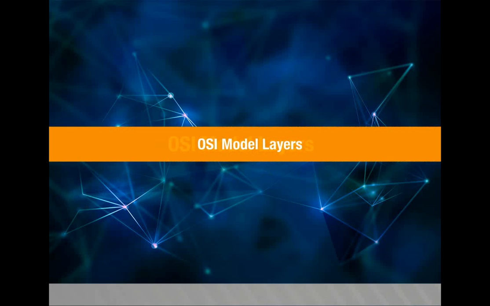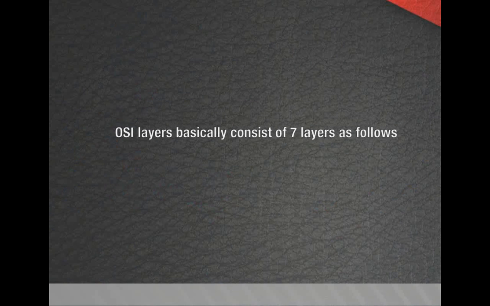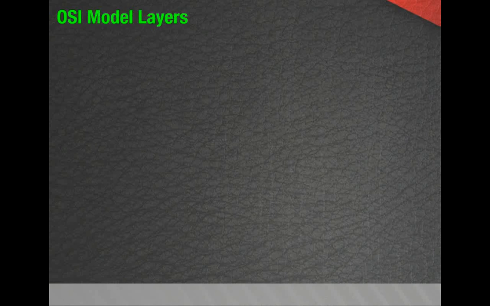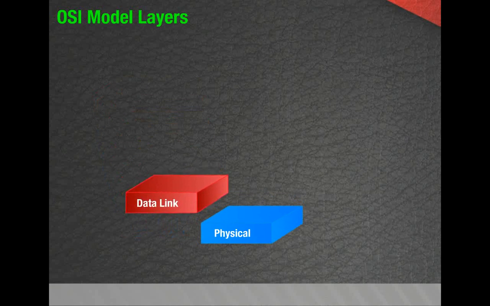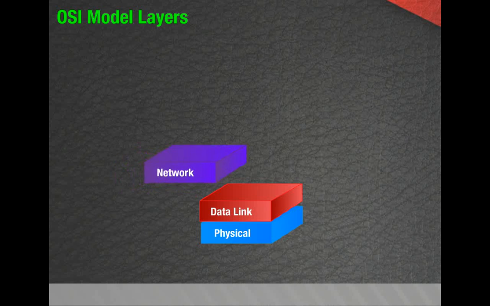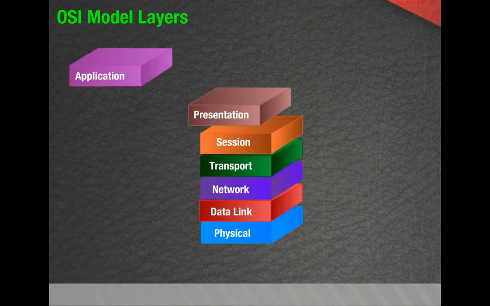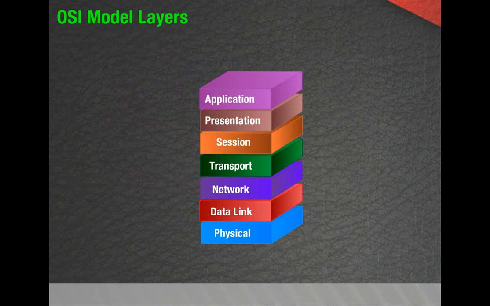OSI model layers. In this video, we are going to learn about layers of OSI model. OSI layers basically consist of 7 layers as follows. Physical layer, data link layer, network layer, transport layer, session layer, presentation layer, application layer.